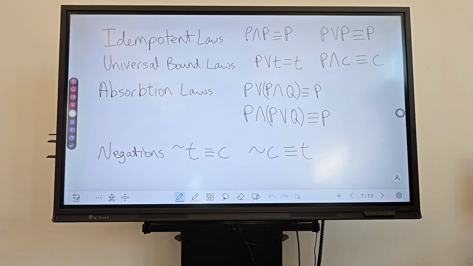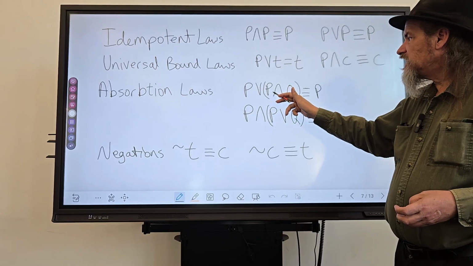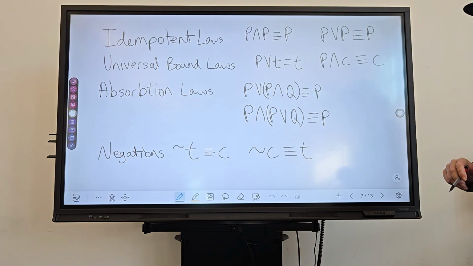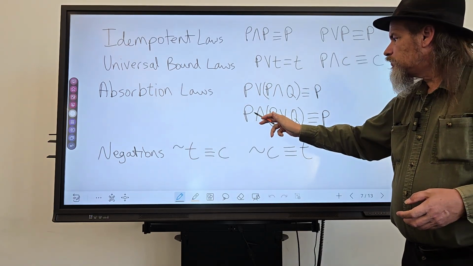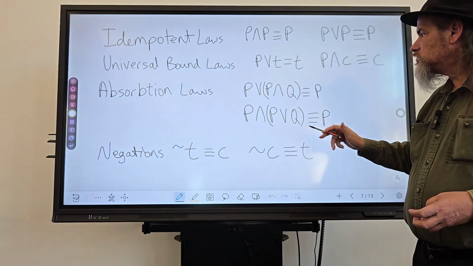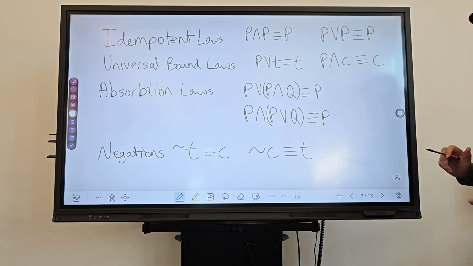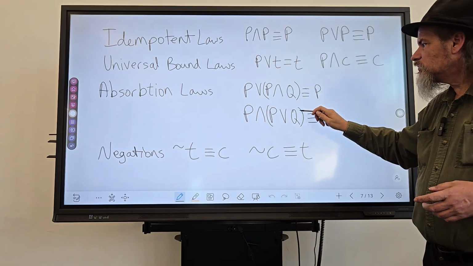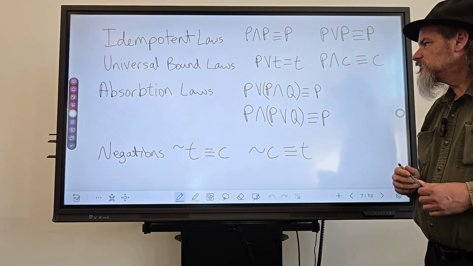Absorption laws. P or (P and Q) is equivalent to P. P and (P or Q) is also equivalent to P. So that absorbs the Q variable and you can eliminate it from an expression.